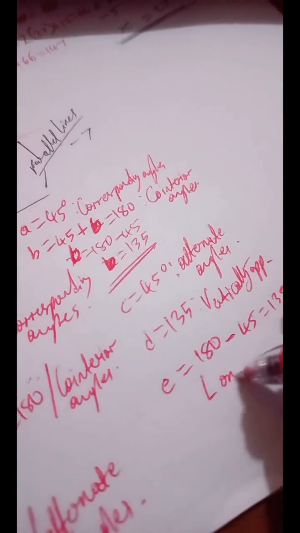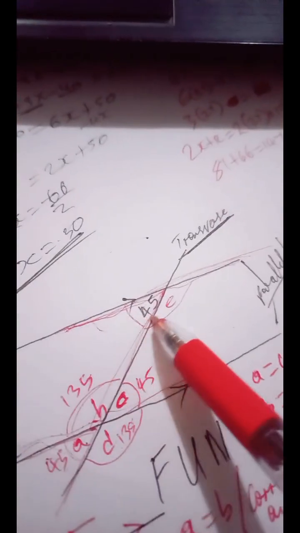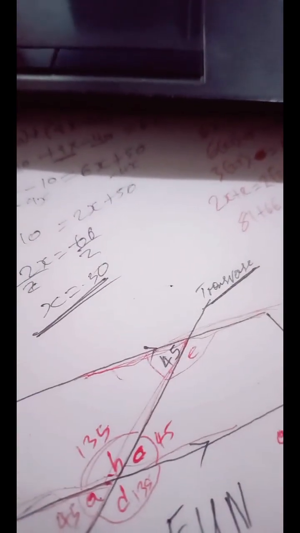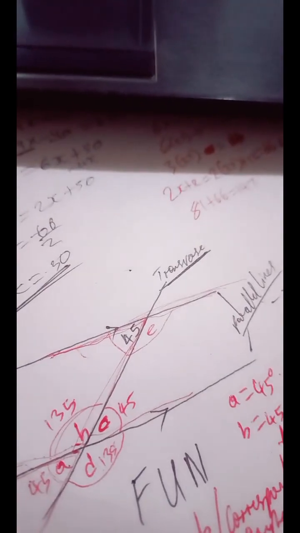Reason: angles on a straight line. 45 plus E must give us what? 180 degrees. I hope we are together there. All right.